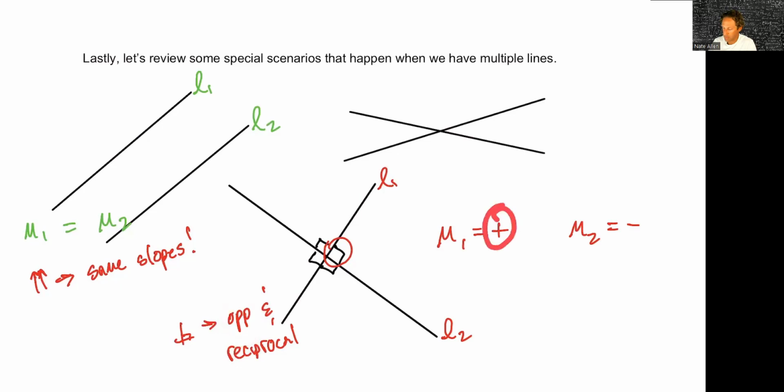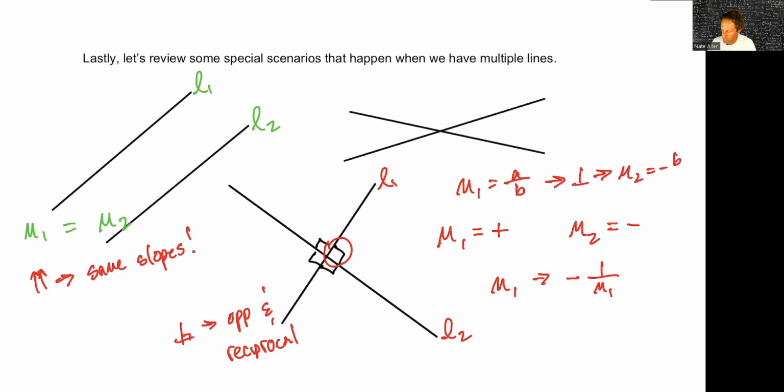Make sure that you know that because one's going to be positive, one's going to be negative, that they have opposite signs. All right, so we have a slope 1 would be perpendicular if it was the opposite and flipped. So for example, if slope 1 had positive a over b, to be perpendicular, slope 2 would have to be negative b over a.